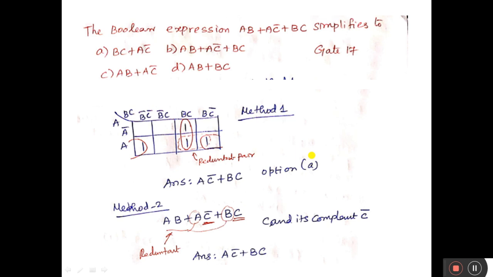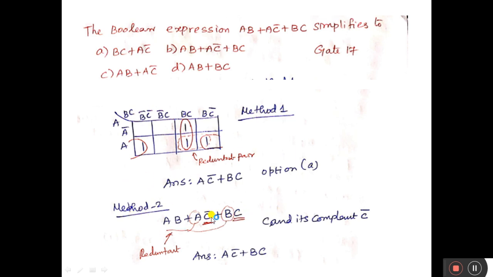This is method 1. Method 2: see here, the expression is AB plus AC bar plus BC. Here C is there, and its complement C bar is here, and its nearby values B and A also appear. Got it?